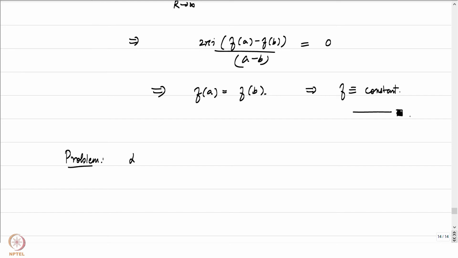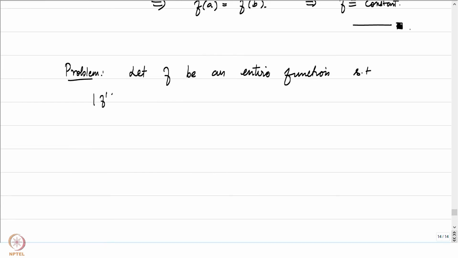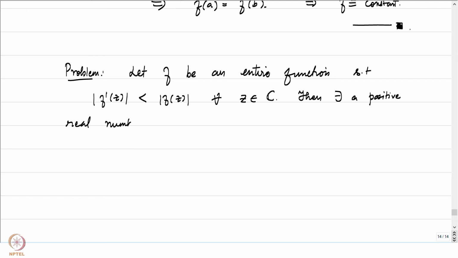Let f be an entire function such that the absolute value of f prime of z is strictly less than the absolute value of f of z for all z in C. Then prove that there exists a positive real number A such that the absolute value of f of z is less than or equal to A times e to the power mod z. Let's look at a proof of this.